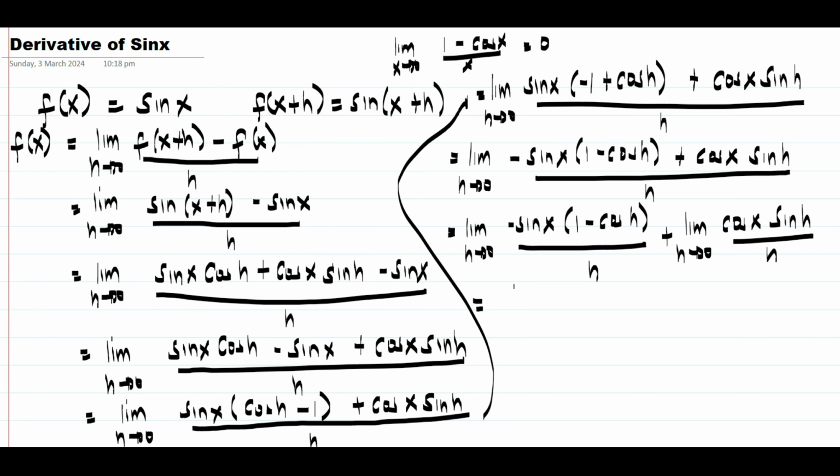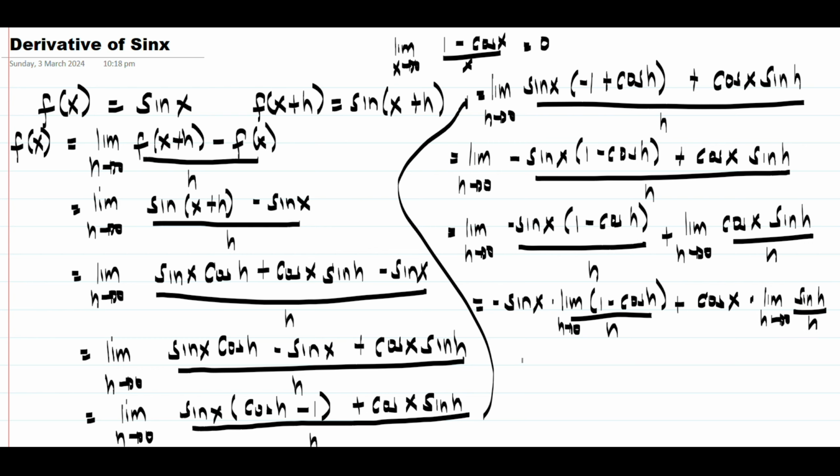And to simplify this one, let us have negative sine x times the limit of 1 minus cosine h over h as h approaches 0, plus cosine x times the limit of sine h over h as h approaches 0.